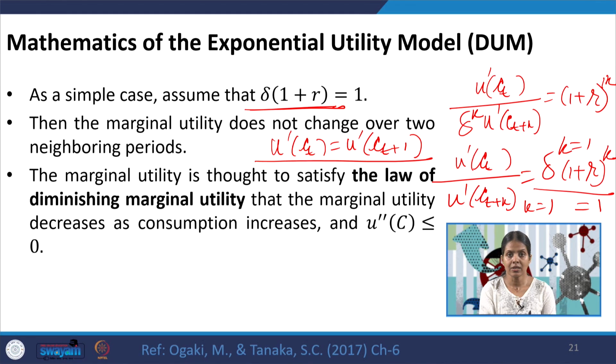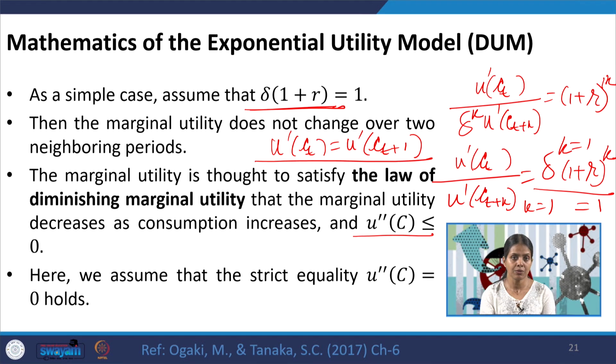The marginal utility is thought to satisfy the law of diminishing marginal utility, that the marginal utility decreases as consumption increases, and that is how we have u double prime c less than equal to 0. That is, the second derivative of the utility function is less than equal to 0. Here we assume the strict inequality in this context; if it is not changing, then this means u double prime c equals to 0 holds.